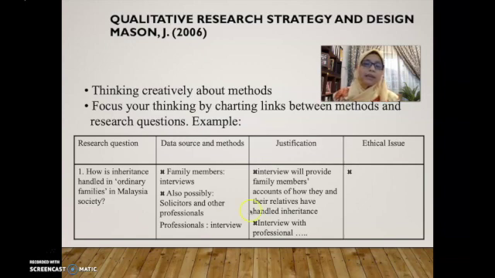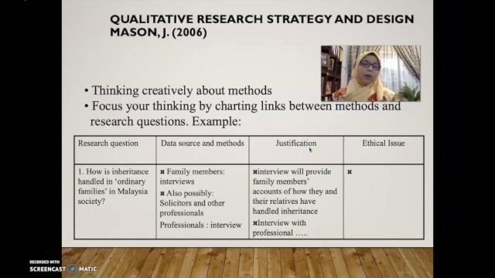So beside this data source and method, referring to this table, beside data source and method is justification. Why is it important for us to do a justification?